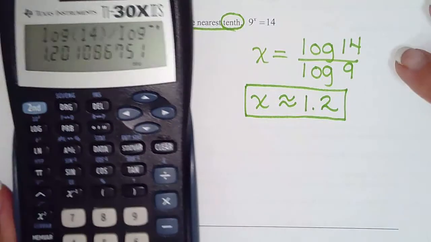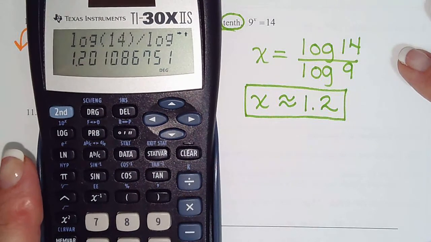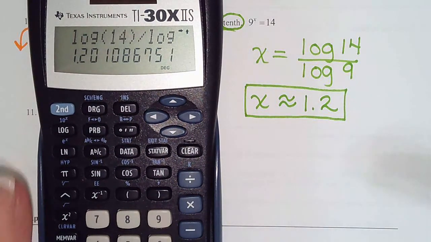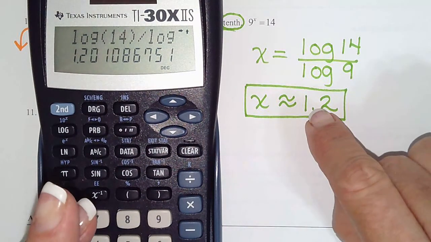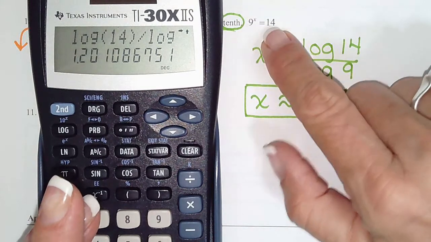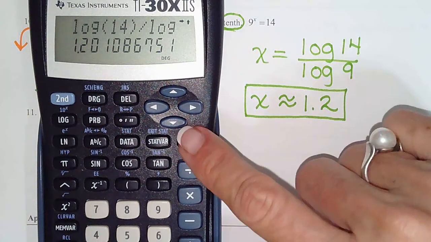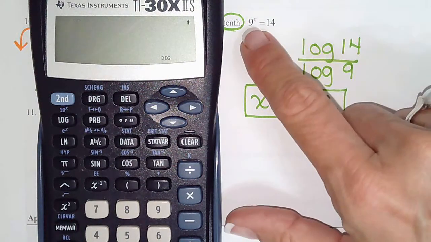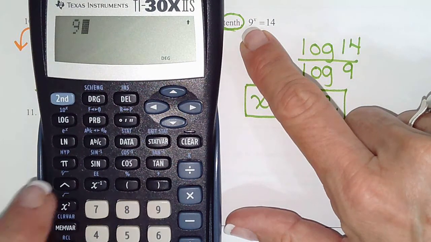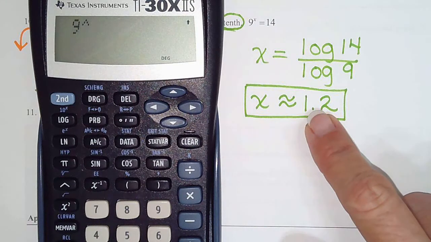And I always have students go, can you check ones like that when you round? Yeah, but you have to keep in mind that because you rounded, when you put x in, you won't get exactly 14, but you should get something pretty close to 14. So watch, this is how I would check it. I'd go 9, caret, and put the answer in that's rounded.